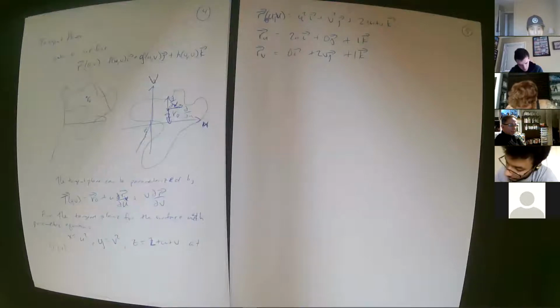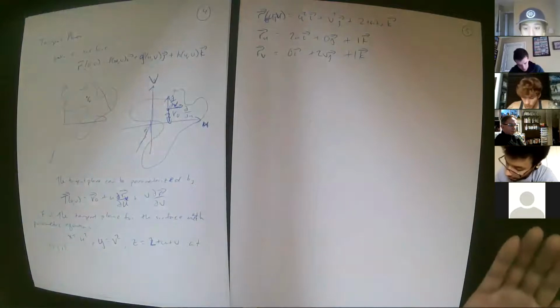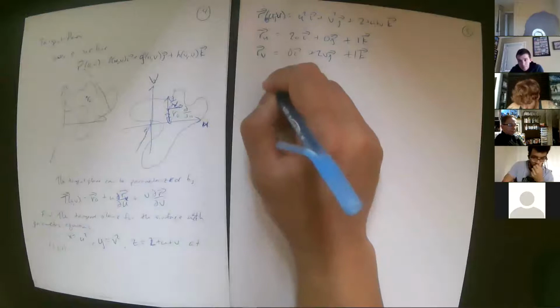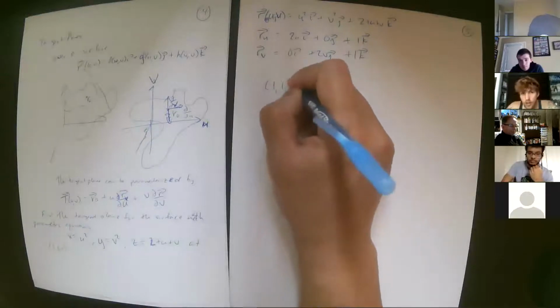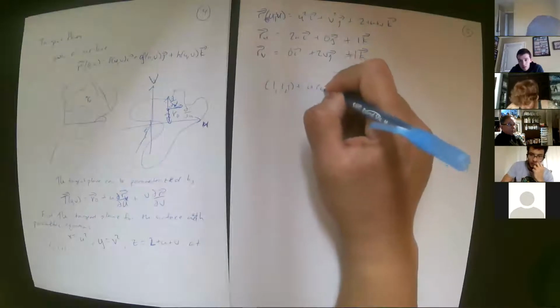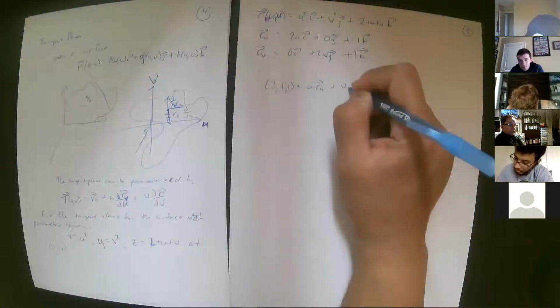Right? So now we have two vectors. We can parameterize the tangent plane like so: (1, 1, 1) plus u r_u plus v r_v.